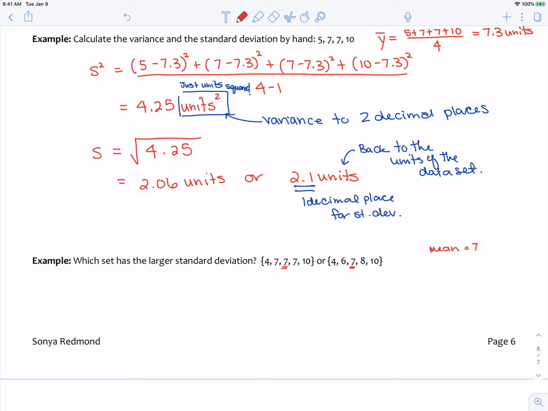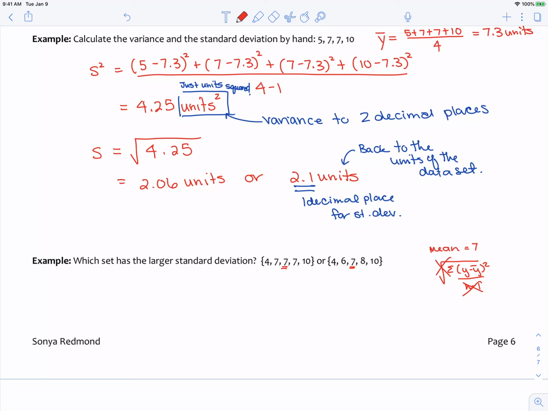Okay, so our calculation of that was the square root of the sum of y minus y bar squared divided by n minus 1. Sample sizes are the same, so that's not going to have any real bearing overall on the comparison of the standard deviation. That part's the same, right? And the square root of a bigger number is still going to be a bigger number.